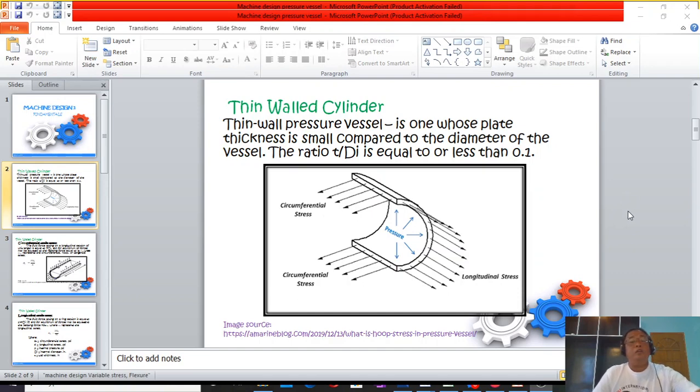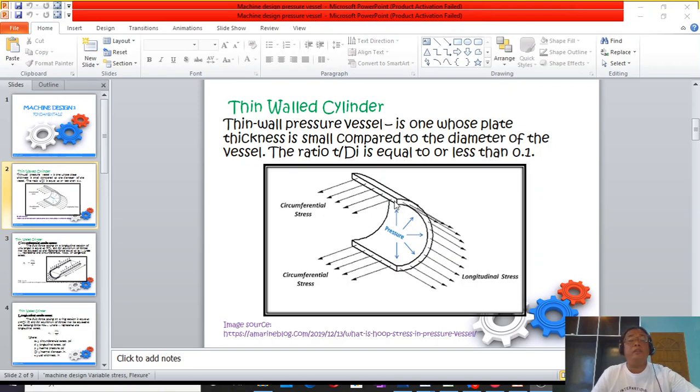Okay? So, if we take a look at the section of the pressure vessel, we will notice that there is the circumferential stress acting where the plate is cut, of course. And this force or stress can be solved using the free body diagram.